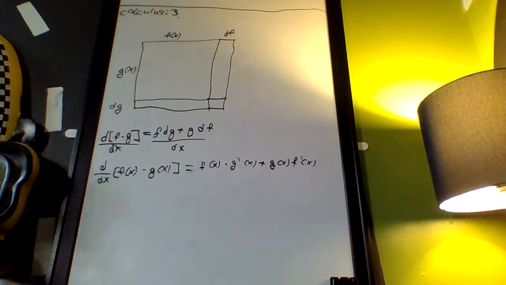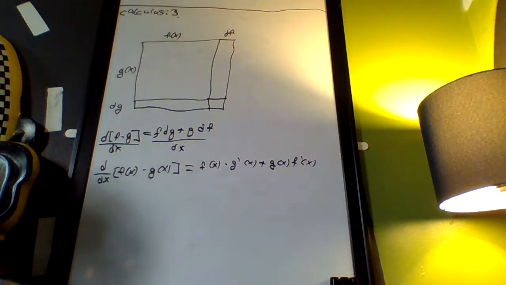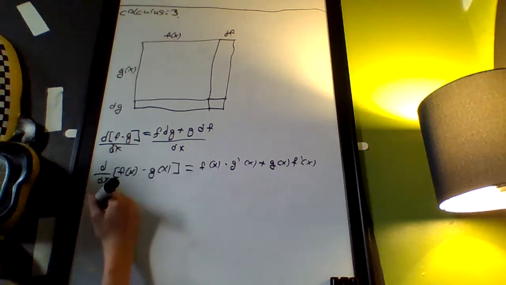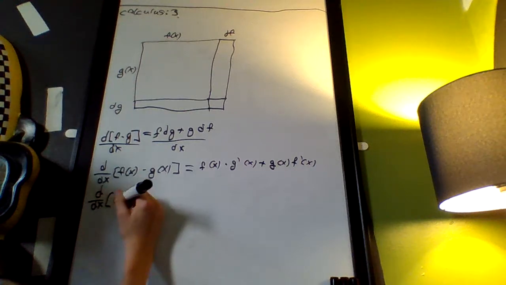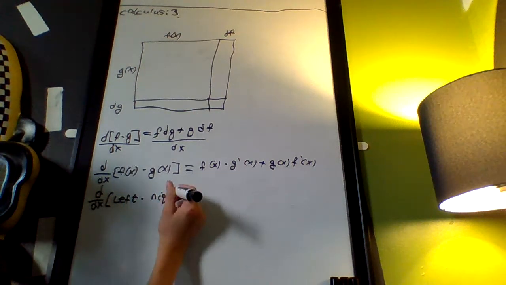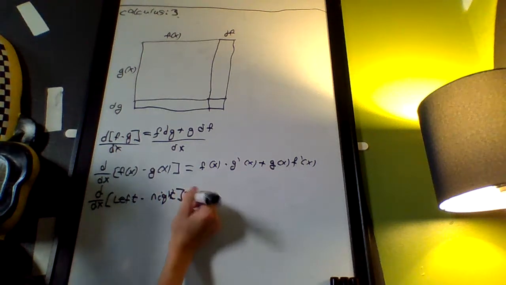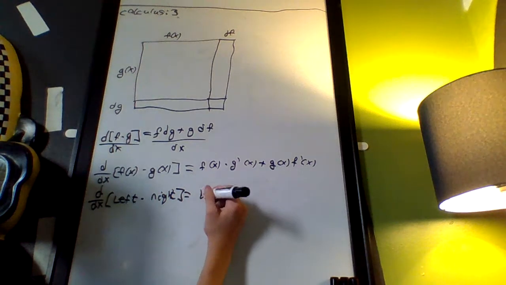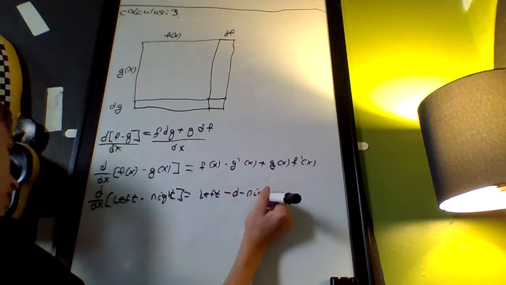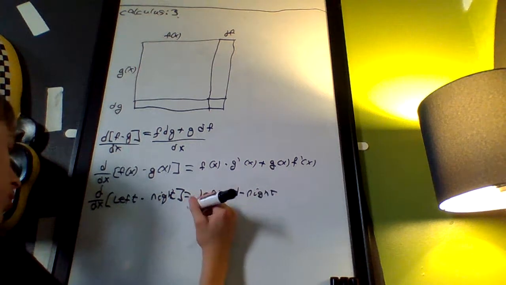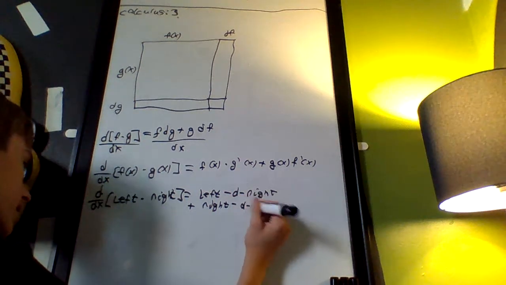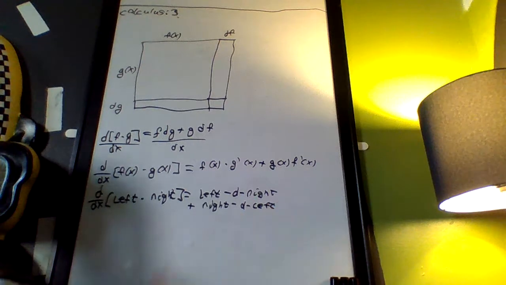Okay? So a good mnemonic to remember this is the derivative of left times right is left d right plus right d left. What does this mean?